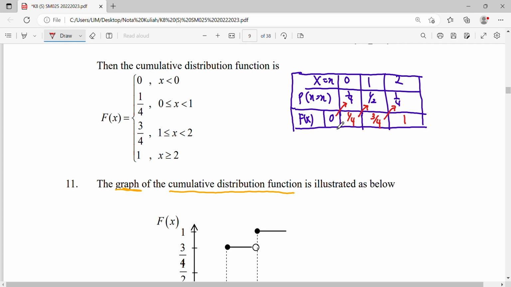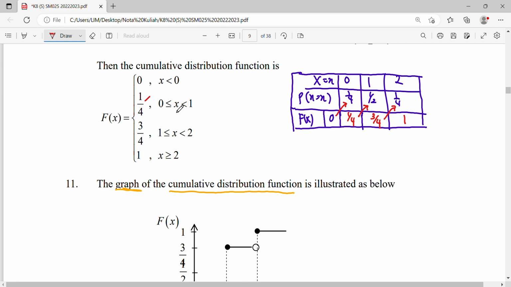Then when we want to write in function, we read out this is 0. This is the probability of 0. So look at here. The random variable before 0, x less than 0. Understand? So 1/4 we read for this. 1/4, it is a random variable that equals to 0, but before random variable 1.